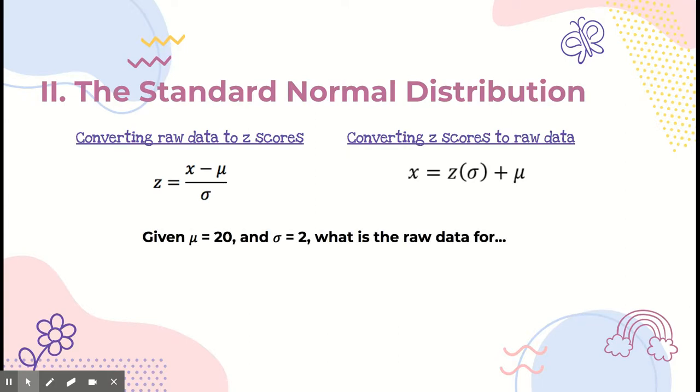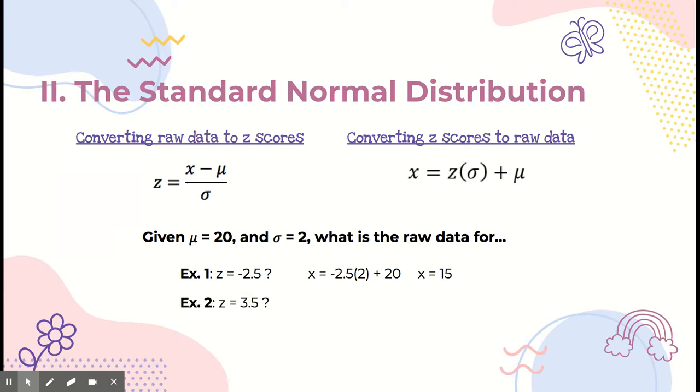Given mu equals 20 and sigma equals 2, what is the raw data for z equals negative 2.5? Okay, using the formula on the right, the raw score is going to be negative 2.5 times the standard deviation, which is 2, plus the mean, which is 20. Negative 2.5 times 2 is negative 5, plus 20 is equal to 15.